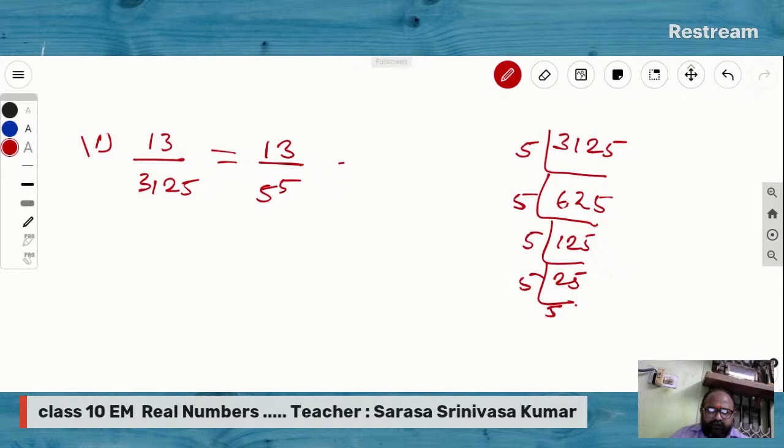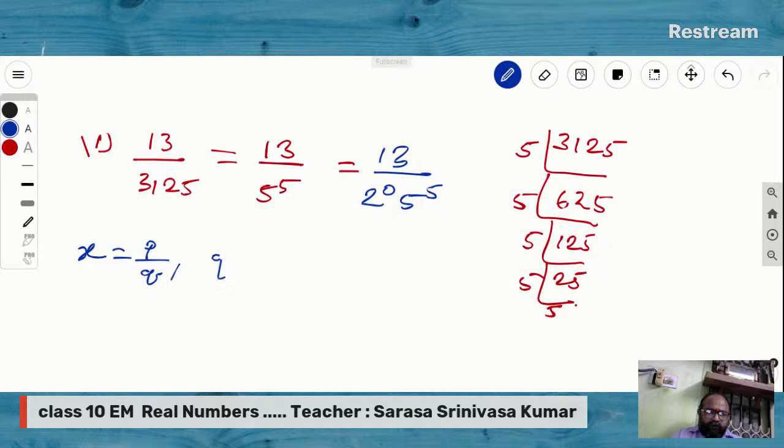Now this can be written as 13 by 2 power 0, 5 power 5. So this is of the form x equal to p by q and q equal to 2 power n 5 power m form. So we have written 2 power 0, 5 power 5.